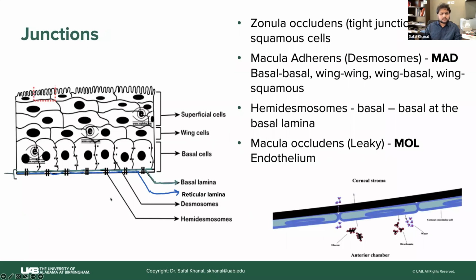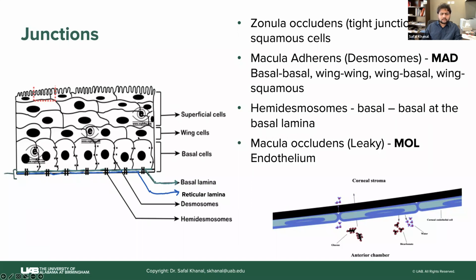Now, there are several junctions in the epithelial layers of the cornea, and these are zonula occludens, macula adherens, and hemidesmosomes. Now, we can divide the epithelial cells into superficial, wing, and basal cells, and the zonula occludens is mostly in the superficial cells.